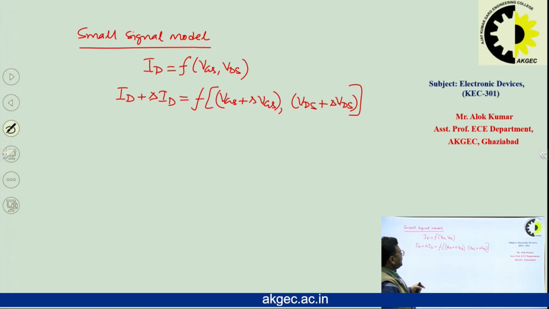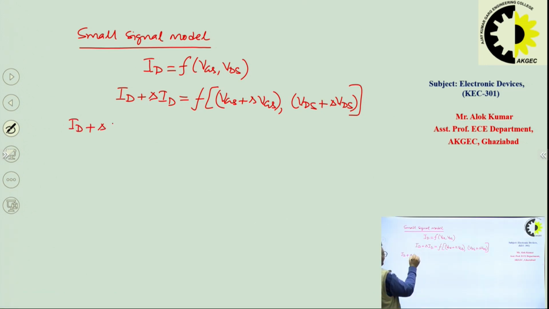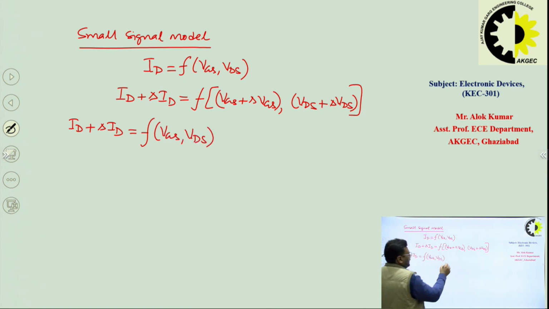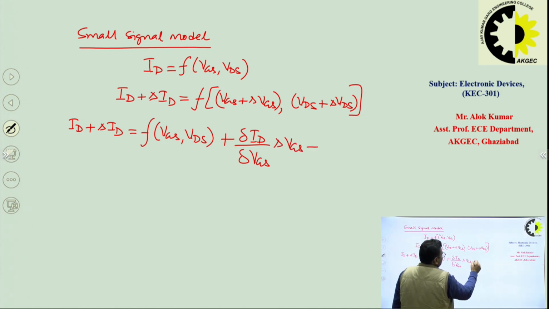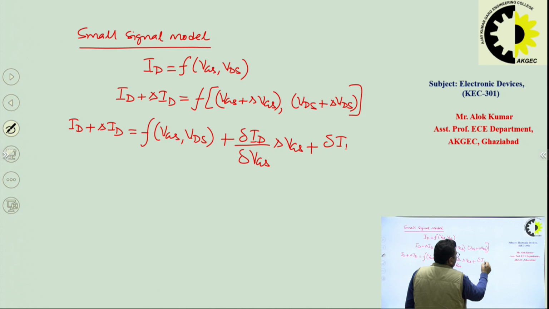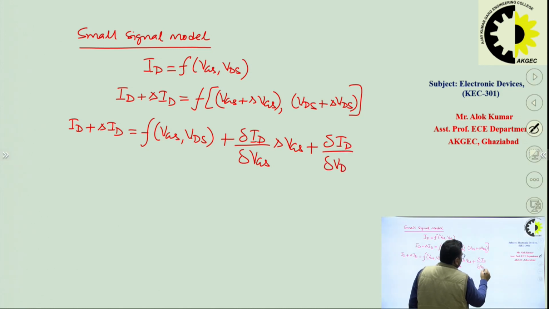Now we can do the Taylor series expansion, and we can write ID plus delta ID is equal to F of VGS comma VDS plus del ID over del VGS into delta VGS plus del ID over del VDS into delta VDS.